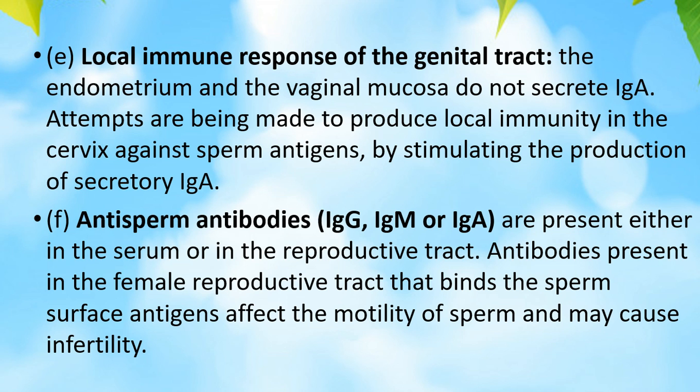Then anti-sperm antibodies, that is IgG, IgM and IgA antibodies. Anti-sperm antibodies are present either in the serum or the reproductive tract.